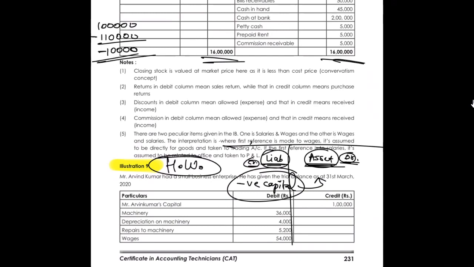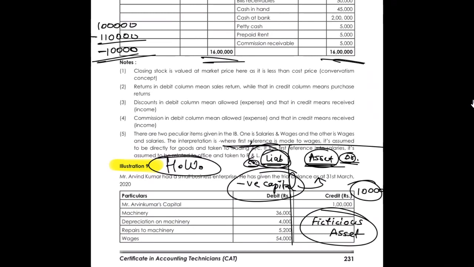Either I can write negative on the liability side or I can write 10,000 on the asset side, but this is not actually an asset. This is a loss, an actual loss which is exceeding my capital. In accounting, we call this a fictitious asset. Fictitious means fake. It is not actually an asset. It is a loss.